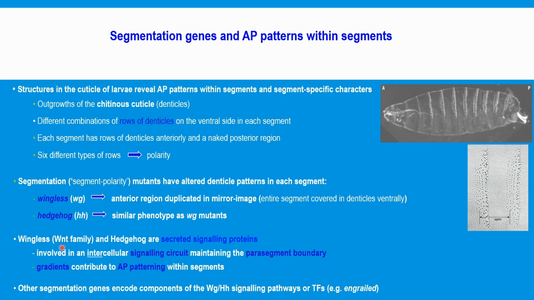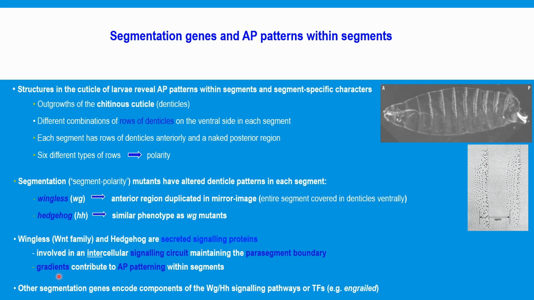And they could show then that wingless and hedgehog are secreted signaling proteins that are involved in an intercellular signaling circuit that maintains the parasegment boundary. So a signaling between the cells as opposed to intracellular, okay, intercellular.